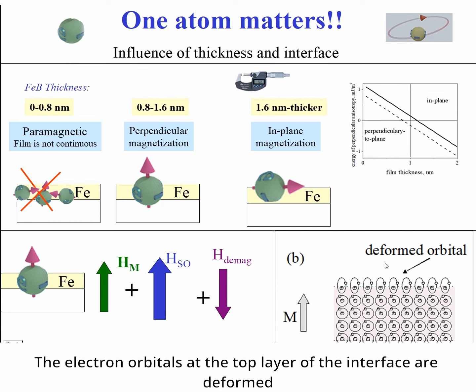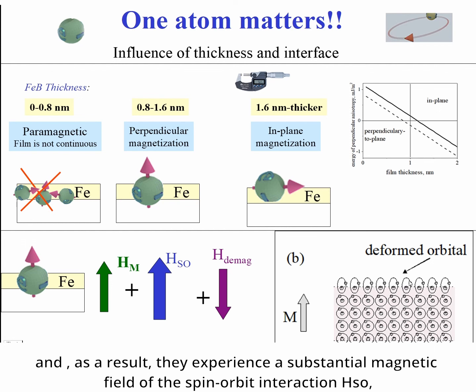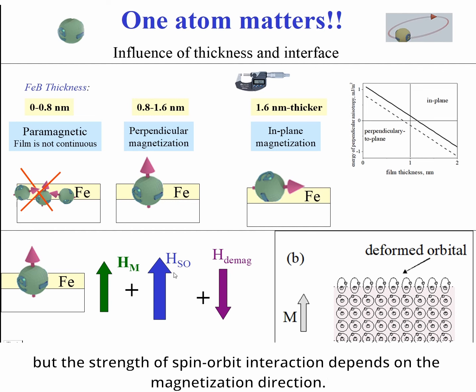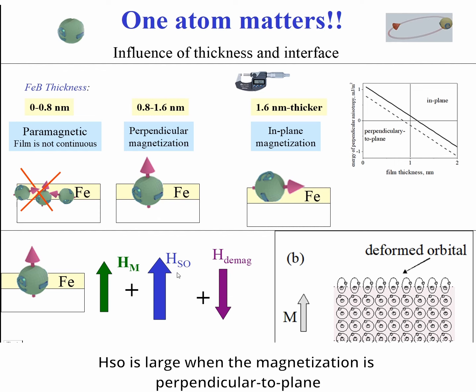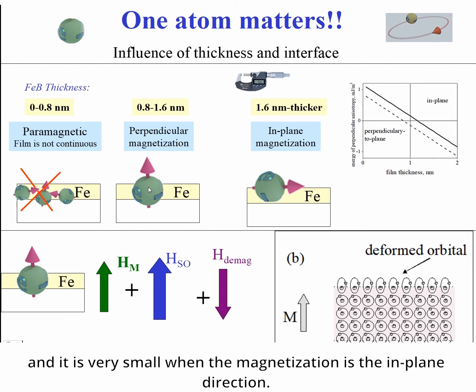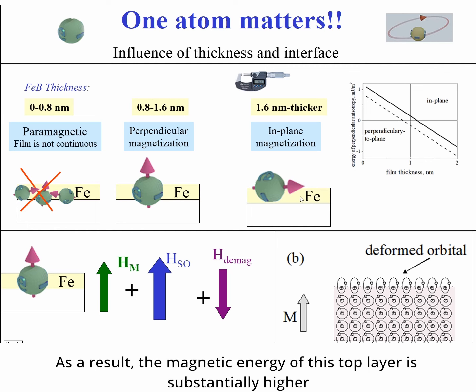The electron orbitals on top of the interface are deformed. As a result, they experience a substantial magnetic field of spin-orbit interaction. But the strength of the spin-orbit interaction depends on the magnetization direction. The magnetic field of spin-orbit interaction is large when the magnetization is perpendicular to plane, and it is small when the magnetization is in plane.